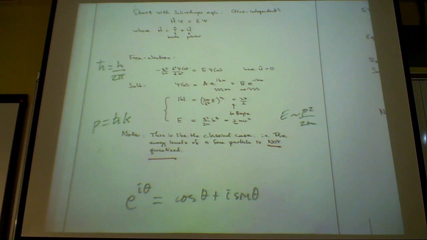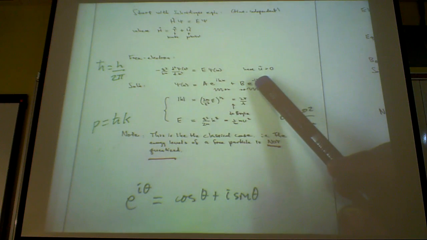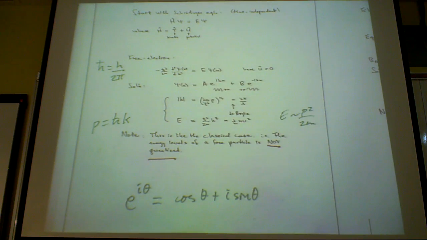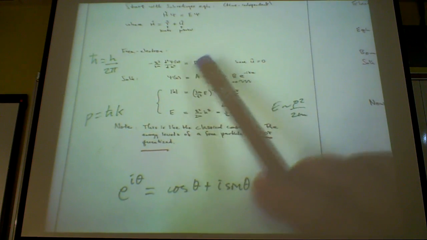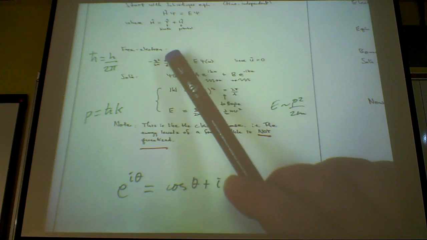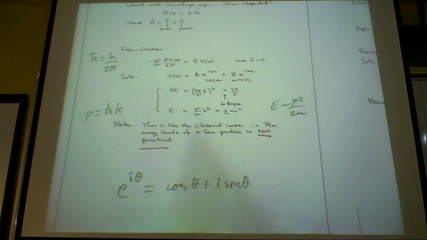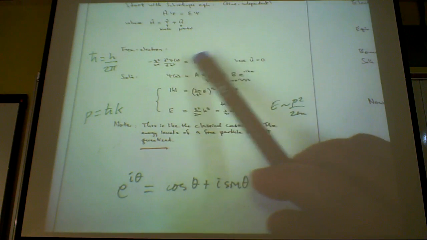So if you plug this solution into this differential equation, you get some constant. This is called an eigenfunction equation. You basically operate on this function and you get a constant times the function itself. This is why it's a special class of equation in mathematics called the eigenfunction equation.